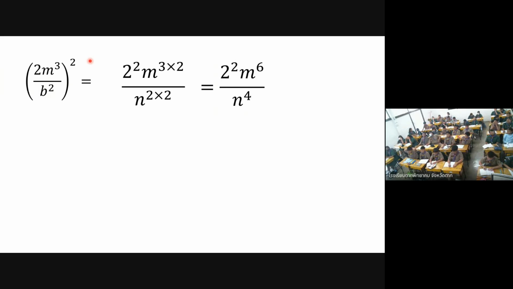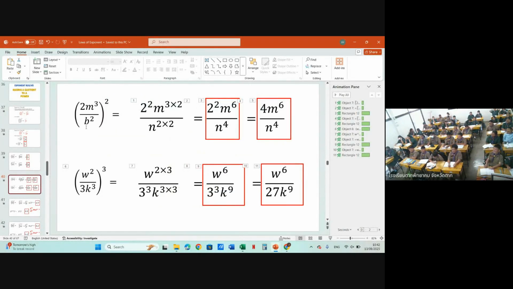Okay, very good. The answer is 2 to the power of 2, m to the power of 6. Why is this n and this is b? Okay, you didn't see that.